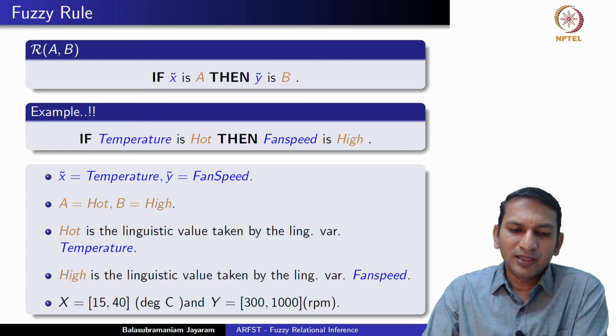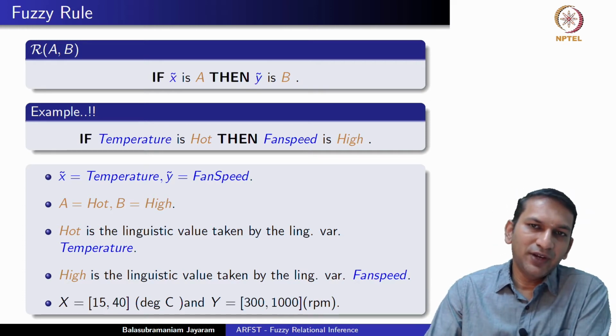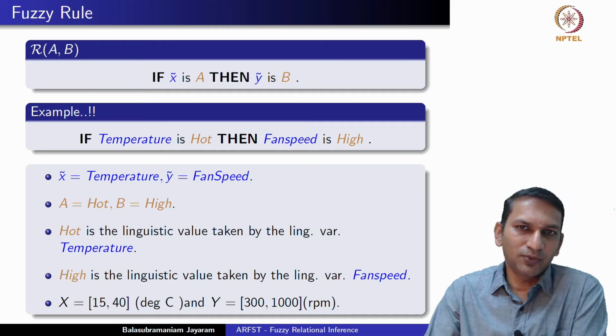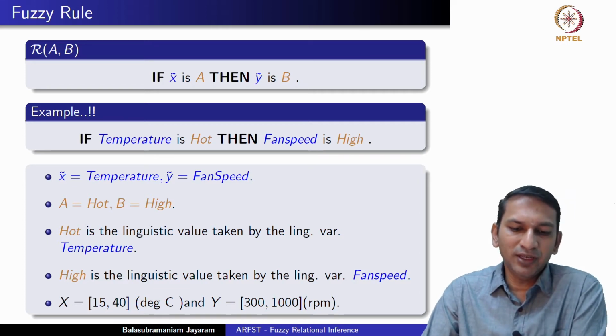Note that the fuzzy sets themselves are defined over the domains X and Y. In this case, you could choose domain X to be the interval 15 to 40 and Y to be from 300 to 1000, which indicates the value of the RPM. And in the case of X, it may denote the numbers which are in degrees centigrade.